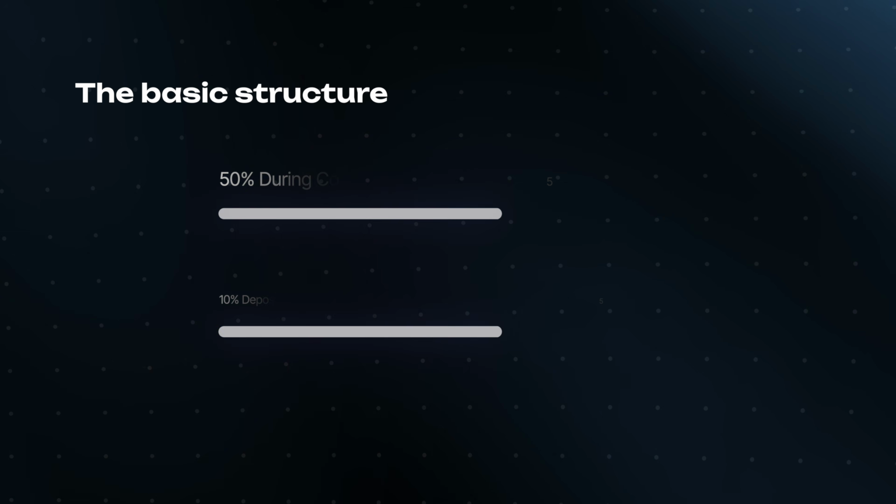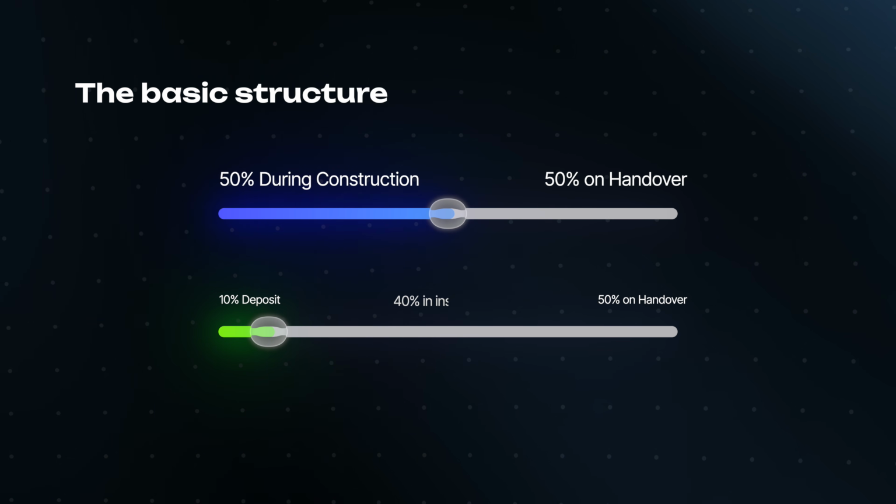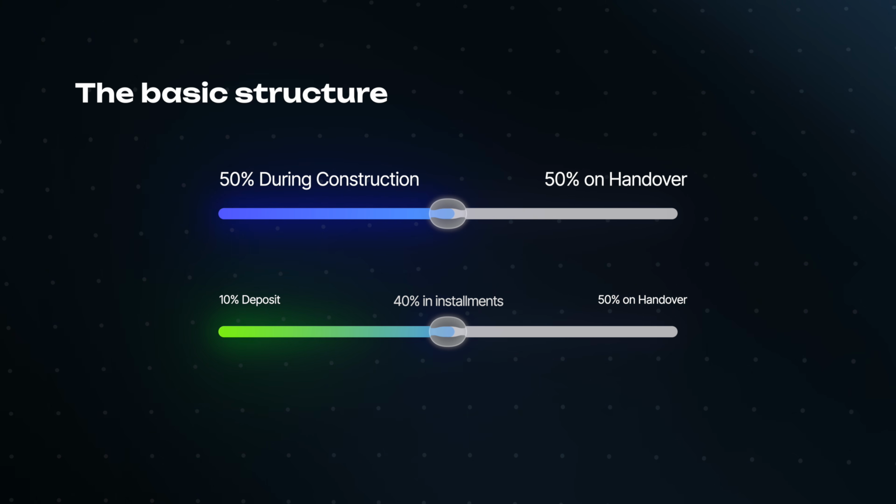So the 50% during construction will be paid in installments. For example, it might be 10% down payment when you make your deposit. The remaining 40% will be spread across a different time period. So you might have a payment plan that is construction linked. This means when the developer reaches certain milestones of construction, you need to make another payment, which might be 5 or 10% towards the property.